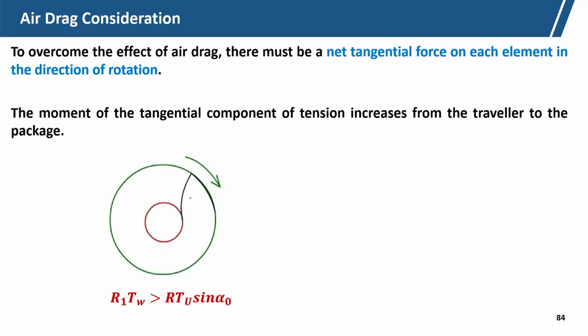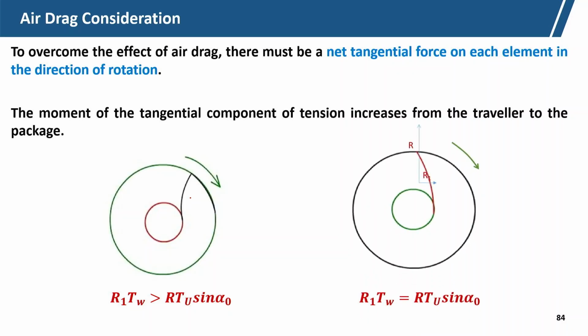So, R 1 T w is more than R T u sin alpha 0, and here R 1 T w equal to R T u sin alpha 0. So, that is how it is happening.